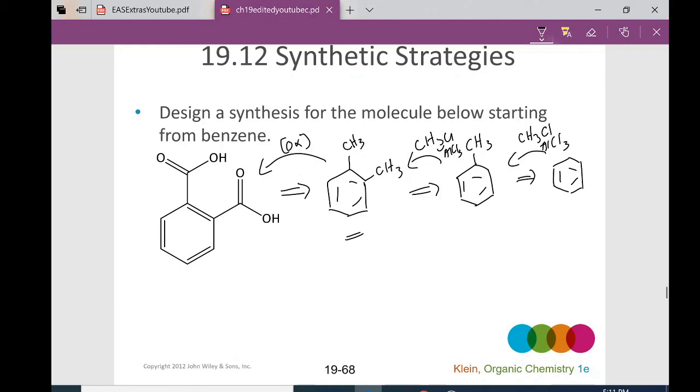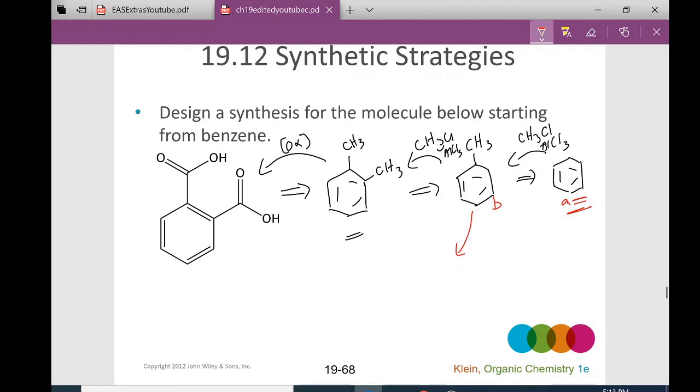So let's do a little side reaction here. If we call this A, B, we're going to use chloromethane and aluminum trichloride, starting with benzene, to convert benzene to toluene, okay?